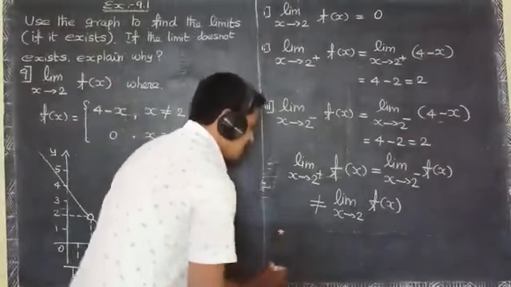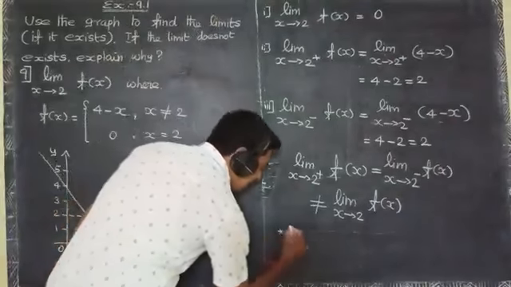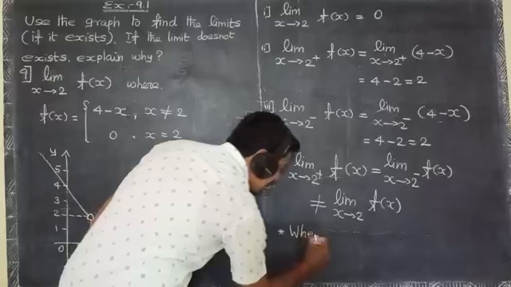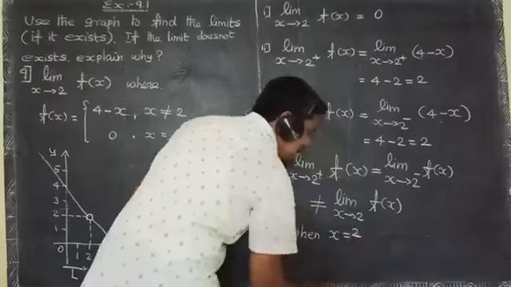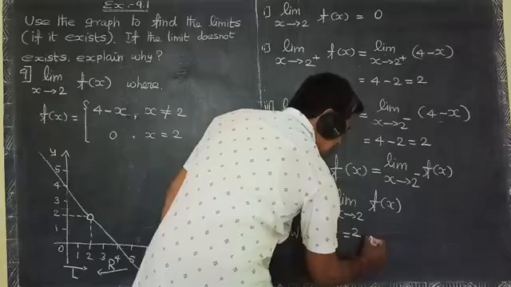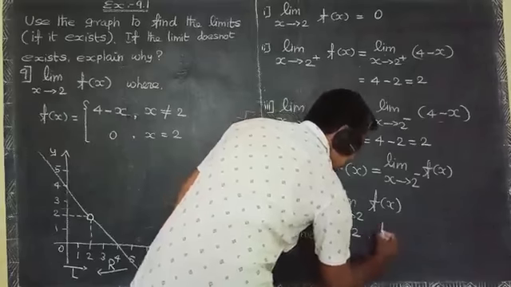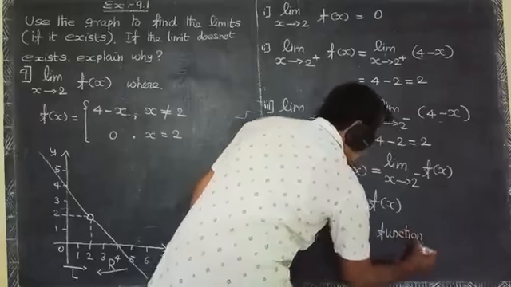In the first one, this is the important one. When x equal to 2, then the function does not exist.